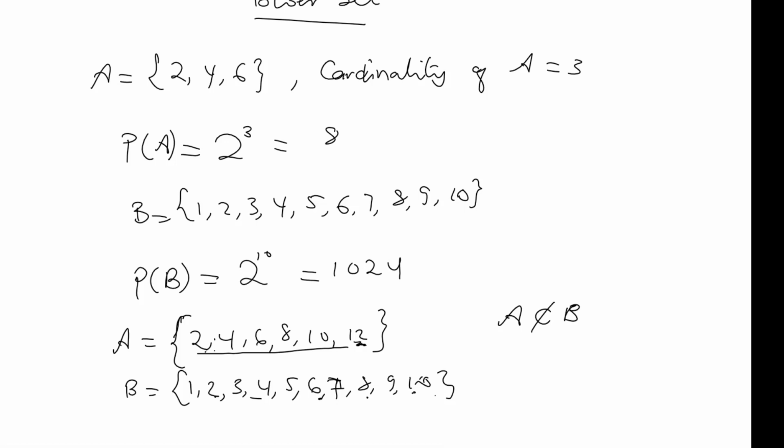So when we take two sets and one set has all its elements in the other set, then that forms a subset. And then we looked at the power set, the total number of subsets in a given set.